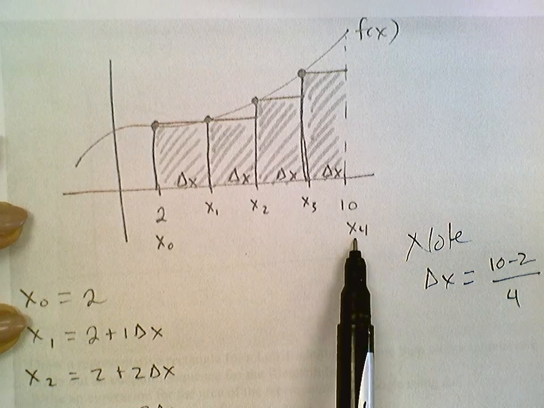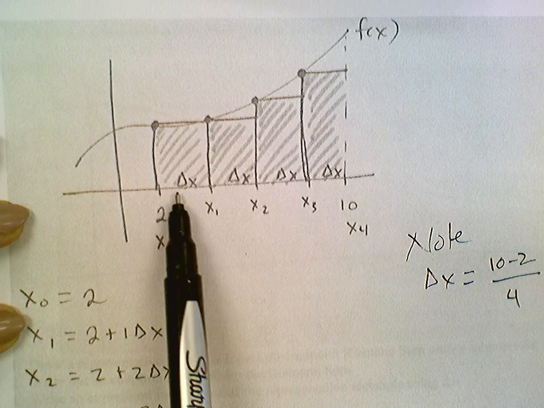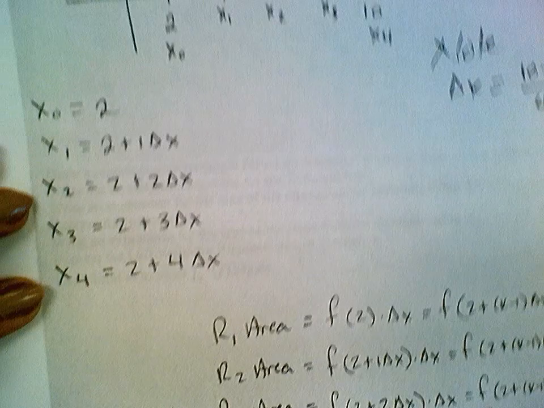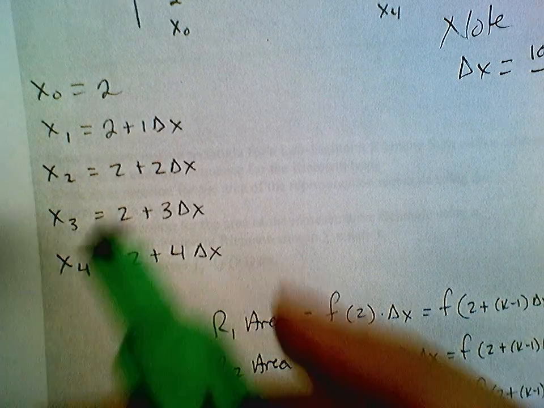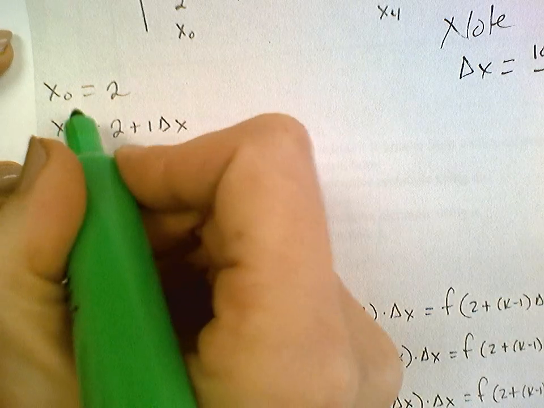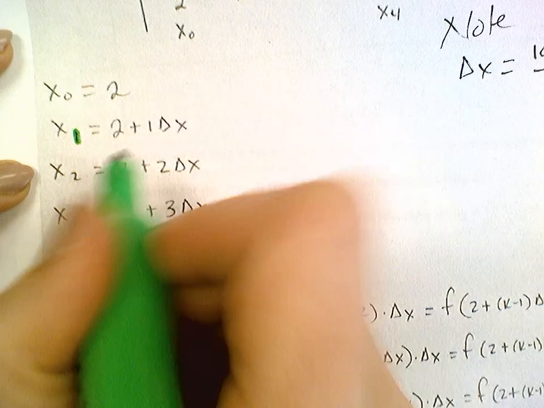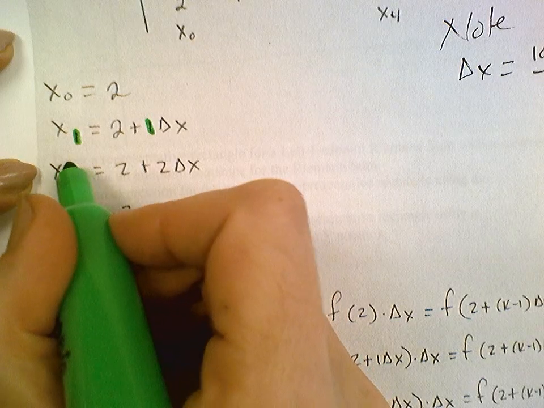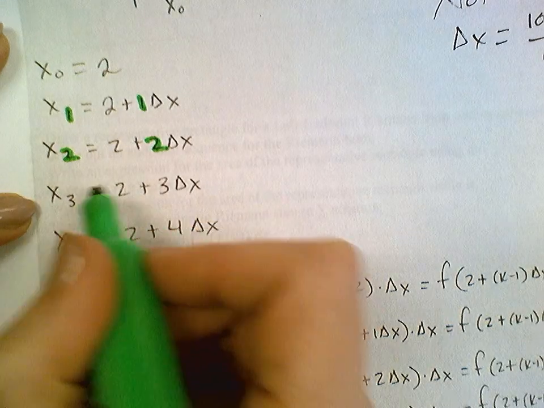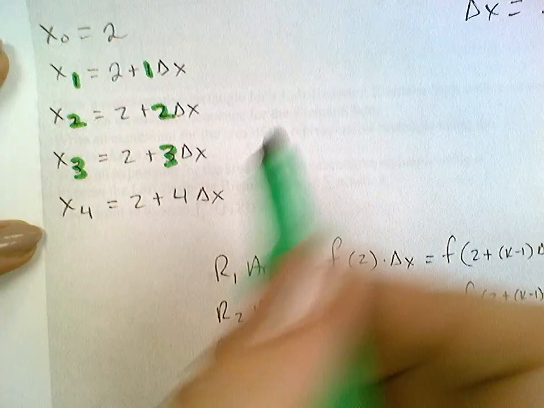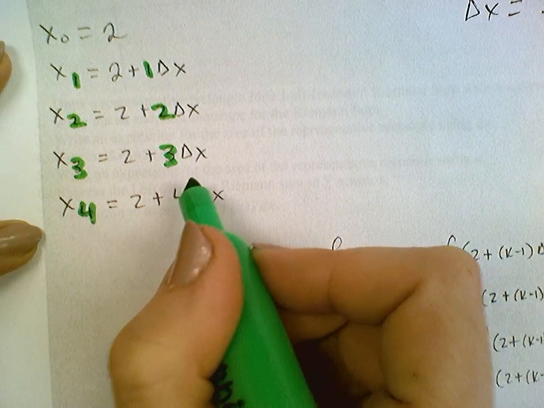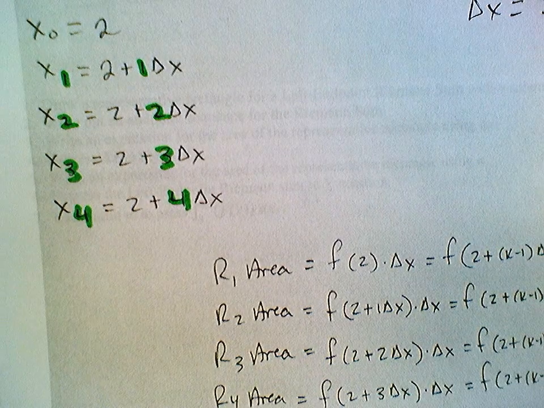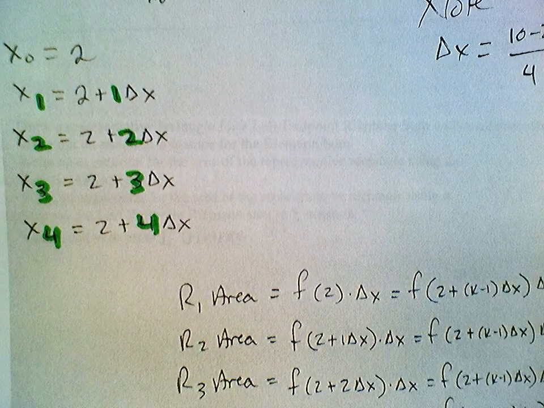And x sub 4, which is 10, is 2 plus 1, 2, 3, 4 delta x's. And guys, the observation that we should be making is that the subscript there is the same as the multiple of delta x that you're adding on.